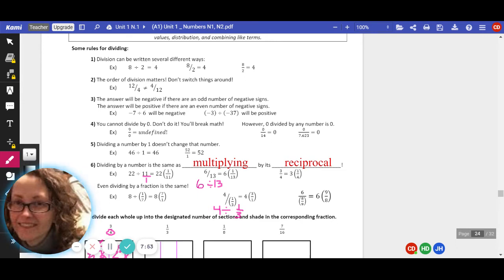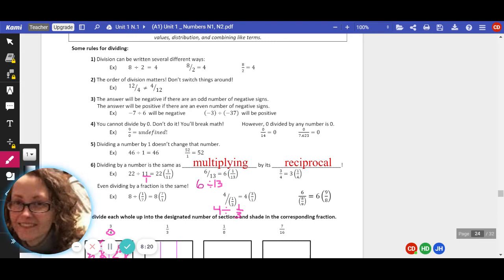Unlike multiplication, order matters with division. So Rule 2 states that 12 divided by 4 is not the same as 4 divided by 12. Order matters. Rule 3 is the same as multiplication, since an even number of negatives make a positive and an odd number will give you a negative.